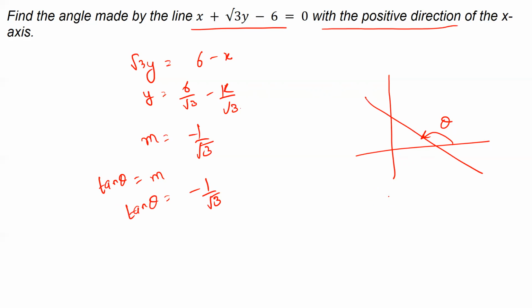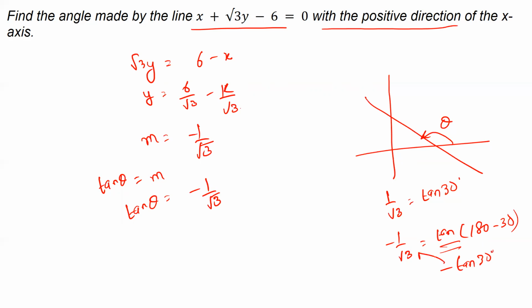So we know that 1 by root 3 corresponds to the value of tan 30 degrees, right? So if you want to find out what is the value corresponding to minus 1 by root 3, you can just do tan of 180 minus 30 degrees. Because 180 minus 30 degrees goes in the second quadrant, and 180 is actually pi by 2 times 2, which is even, tan remains tan, so it will actually give you minus tan 30 degrees, and you'll be getting minus 1 by root 3.